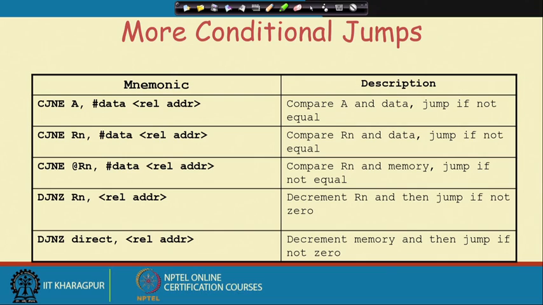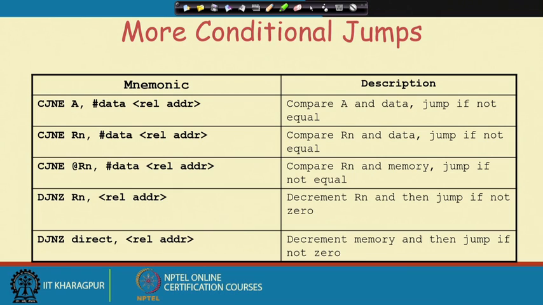So, normally when we are executing some loop instructions, you have seen that we decrement the loop counter, and if the loop counter is not 0, then we jump back to the start of the loop again. So, normally we have to use two instructions, one for decrementation and another for compare and jump.